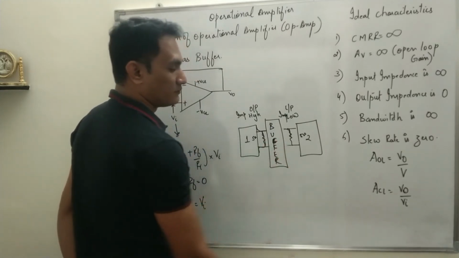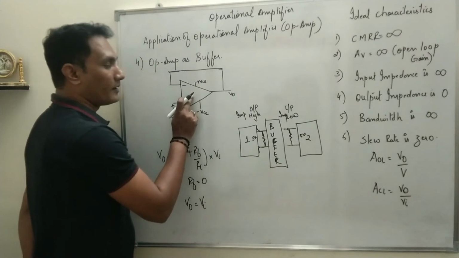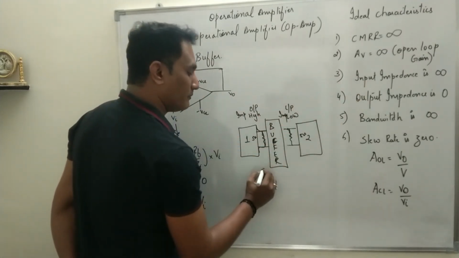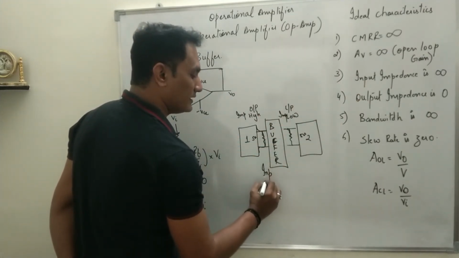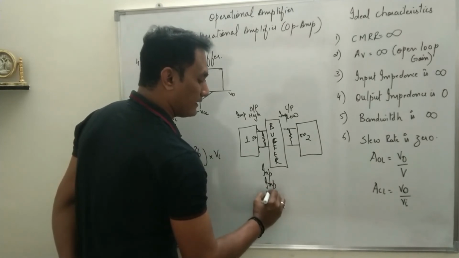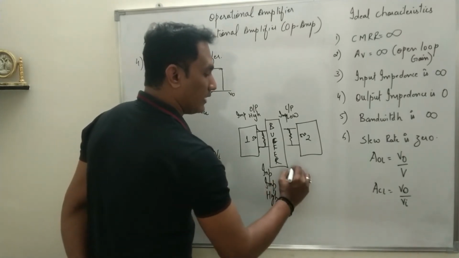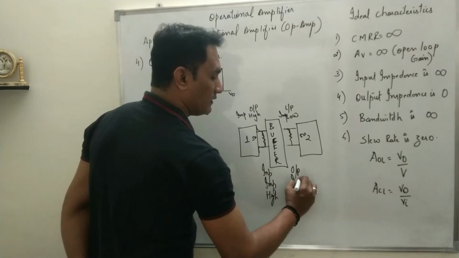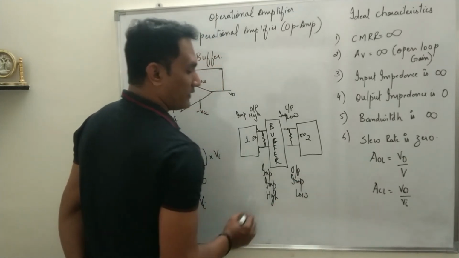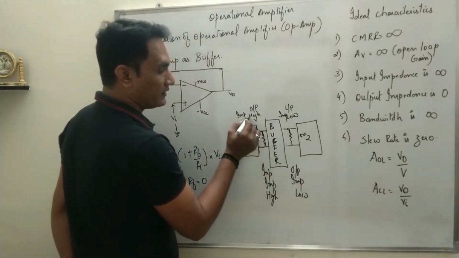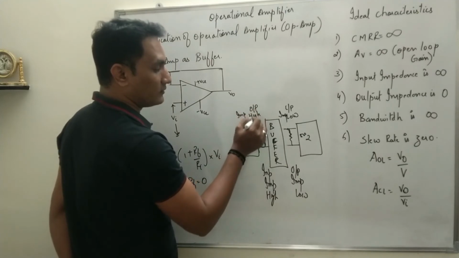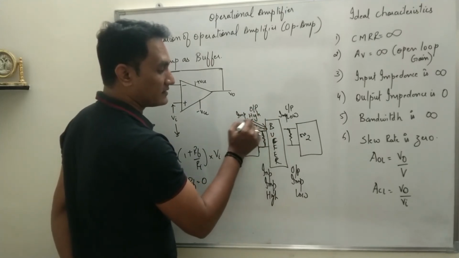The buffer is made up of op-amp, and for an op-amp the input impedance is high and output impedance is low. That means at the input side, the impedance is matched, right?